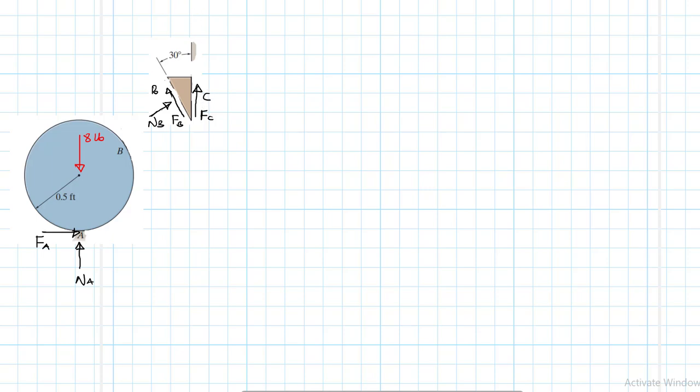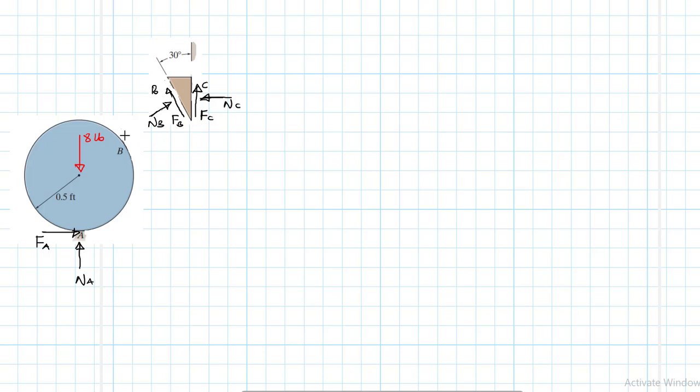We also have this other normal force, the reaction force from the wall: the wedge is exerting some force on the wall, and the wall reacts and produces this normal force.